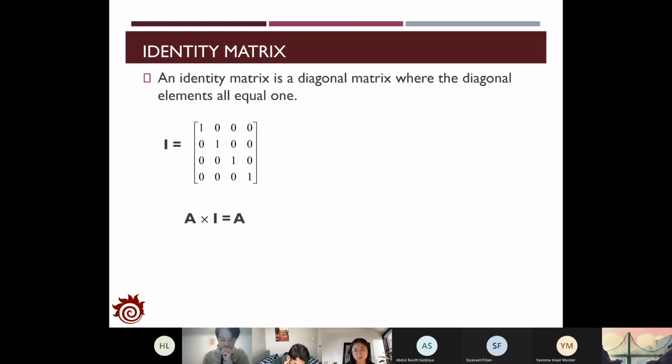There is one specific diagonal matrix, which is called the identity matrix. In the identity matrix, all the values along the diagonal are 1, and the other elements will definitely be 0. There are a lot of benefits to introducing the identity matrix.